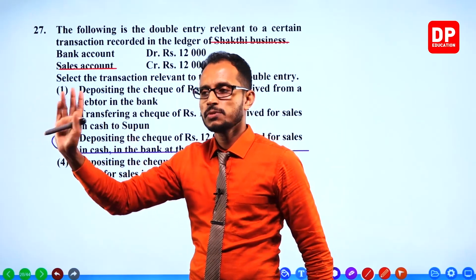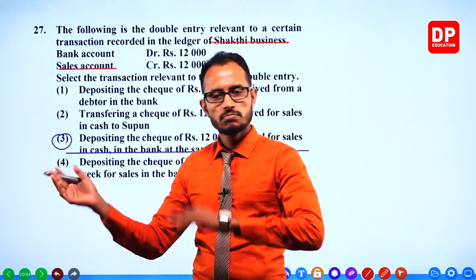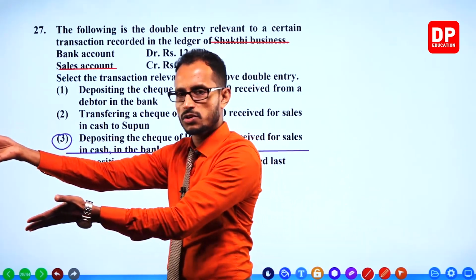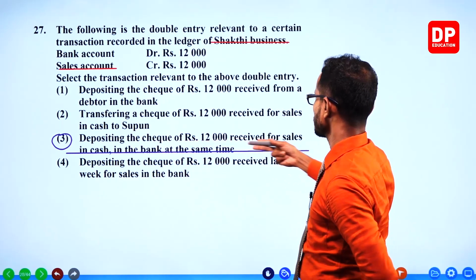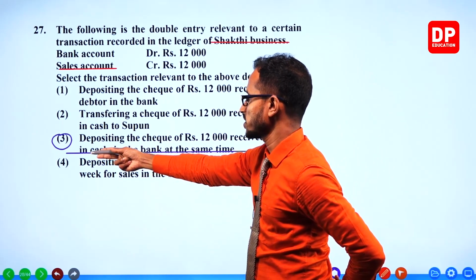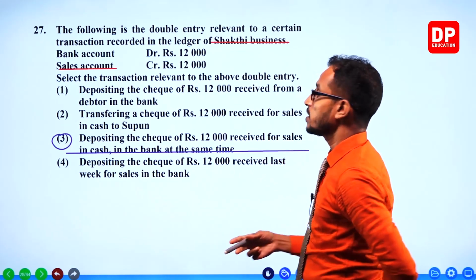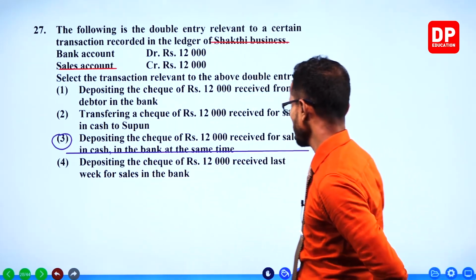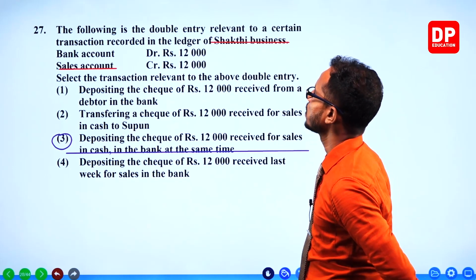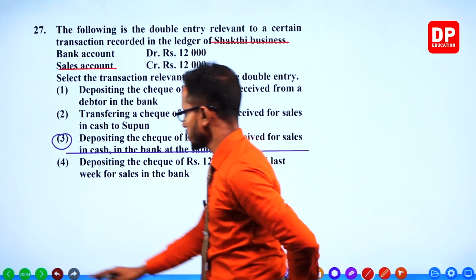You told the customer, okay, transfer the money to my bank account, make an online transfer. Here are your goods. Or maybe the check was directly deposited in the bank. Okay? That's it.